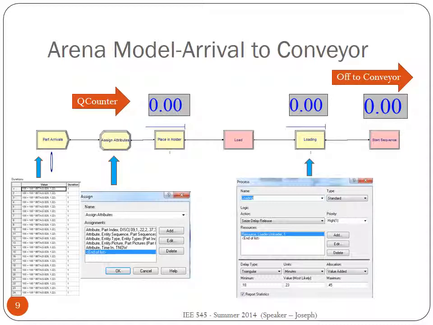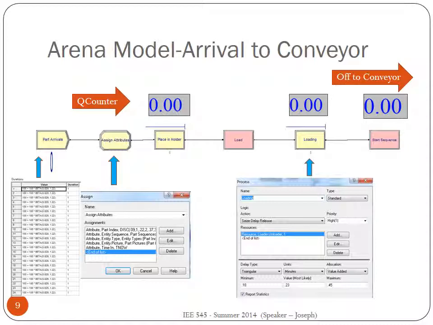We did it on a schedule base. The assigned attributes will assign the different attributes. It will give the part as per the distribution given in the problem. It will give a different index to each individual part as well. That will tie to the sequence, the different pictures, and the entity types.